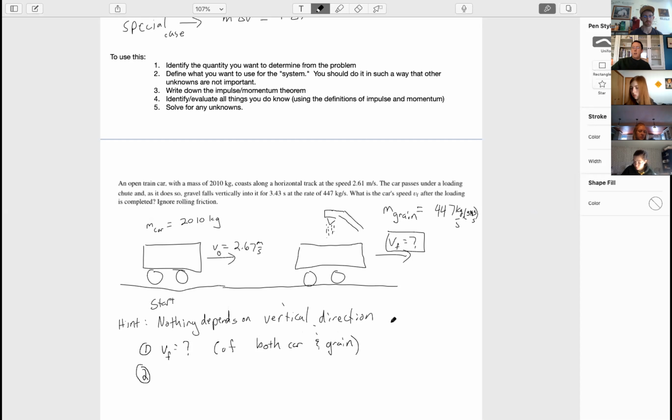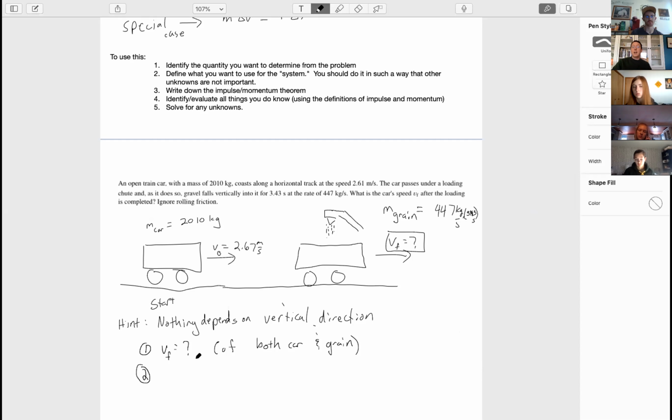What do I not know anything about? Well, I don't know anything about how the grain actually collides with the car and bounces around, and I don't know any of those details. So I want to define my system in such a way that those forces are all inside the system, not along the boundary of the system.